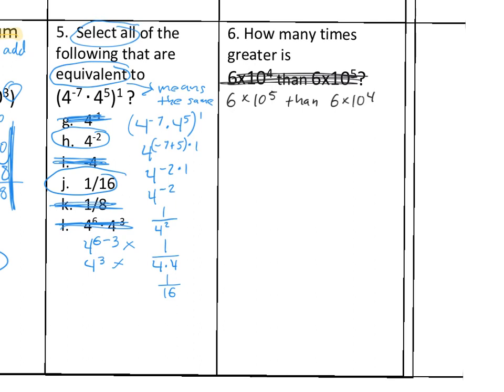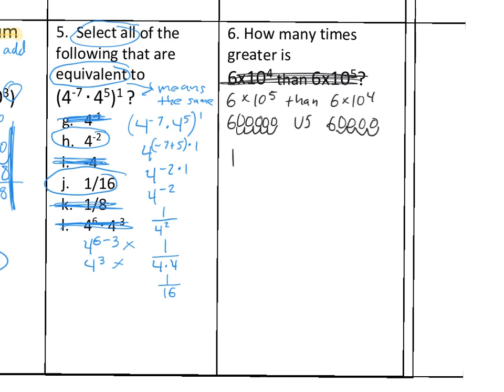So this one we have division right after we do our multiplication of course. So we got 6 times 10 to the 5th is 6 with 1, 2, 3, 4, 5 zeros. Versus, it's like a match, right? 6 times 10 to the 4th, 1, 2, 3, 4. So dividing it out, stay with 6 divided by 6 is a 1.